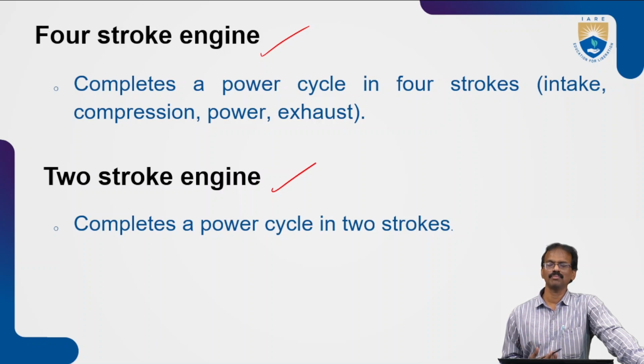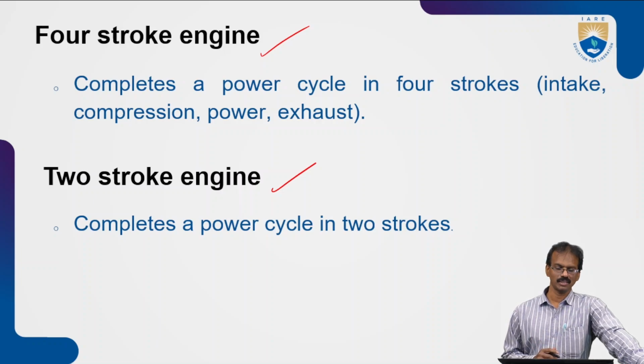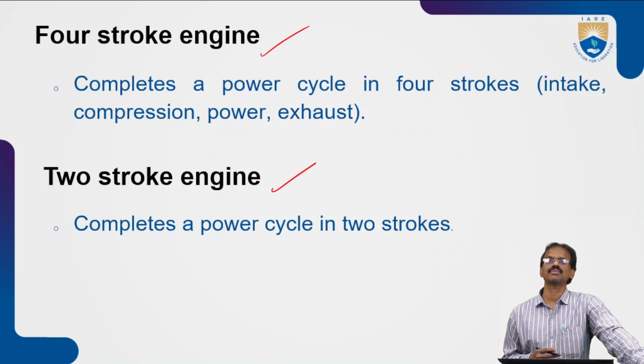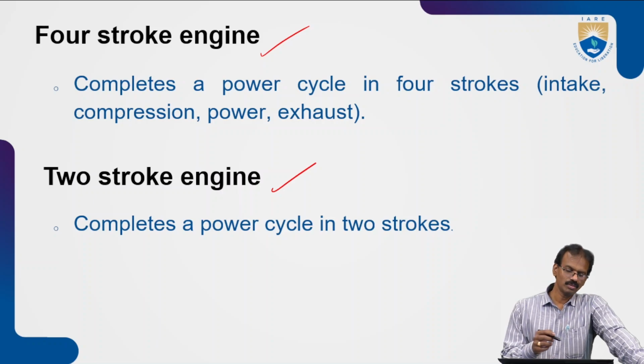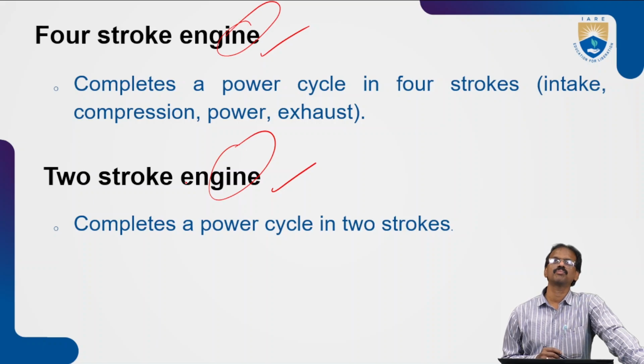Based upon the ignition system, there are two types: spark ignition and compression ignition engines. There are also classifications based upon the cylinder: single cylinder engines and multi-cylinder engines. Among these, 4-stroke and 2-stroke engines are very important.